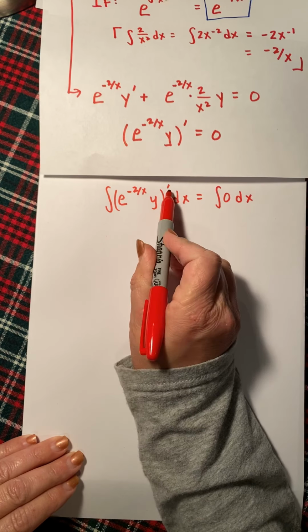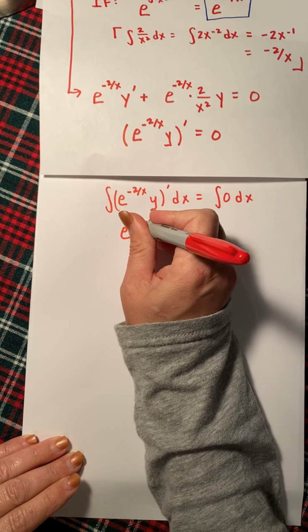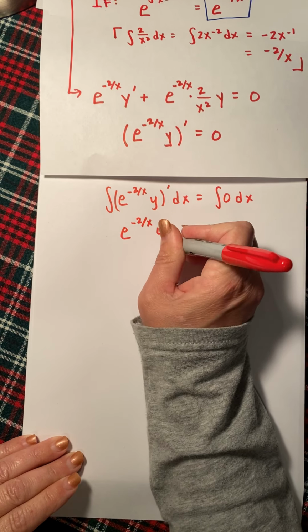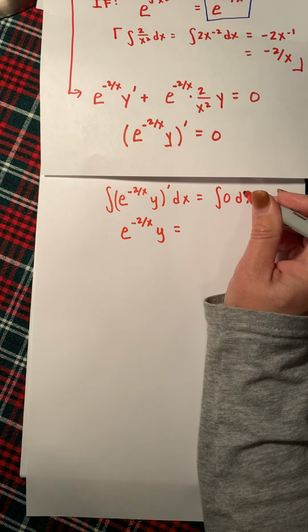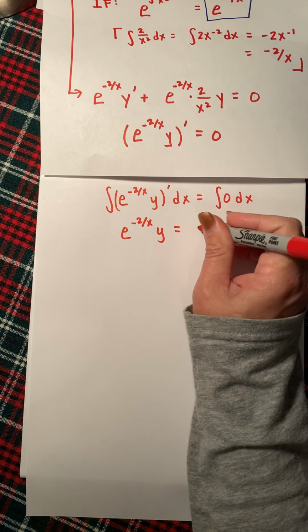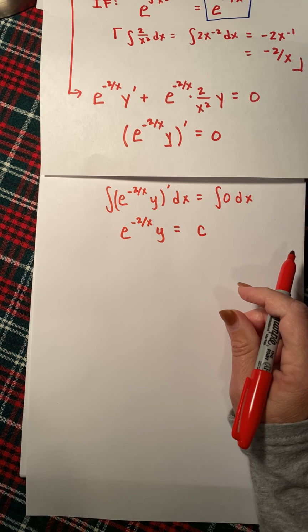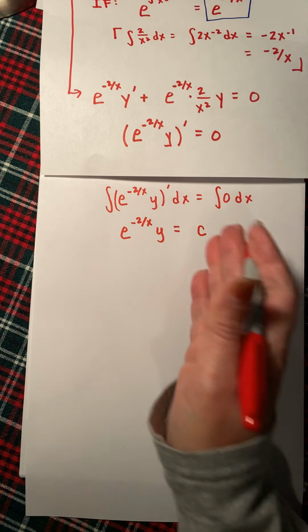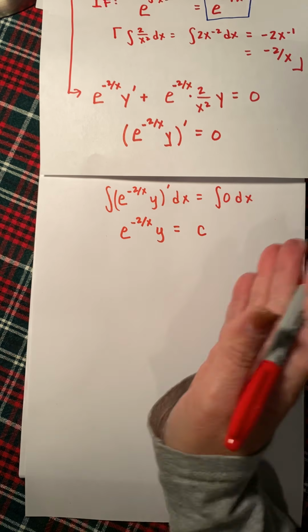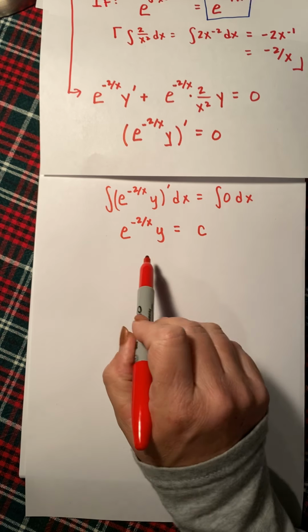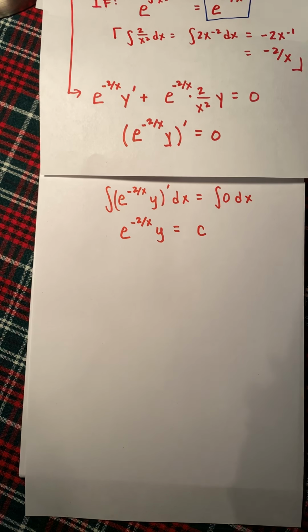Well, the integral of a derivative, they just undo each other. This is just the integrand. And the antiderivative of a constant, the antiderivative of 0, is just an arbitrary constant. So notice I didn't put the arbitrary constant on the left side. I just kept it on the right because if I had two constants, I would bring one over to the other side and combine it to make one arbitrary constant anyway.